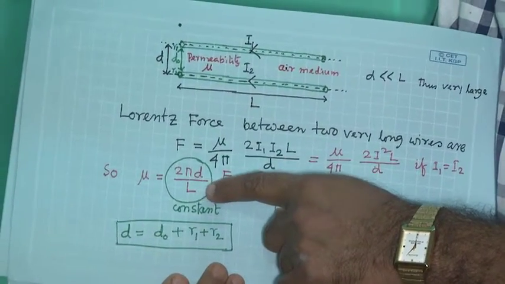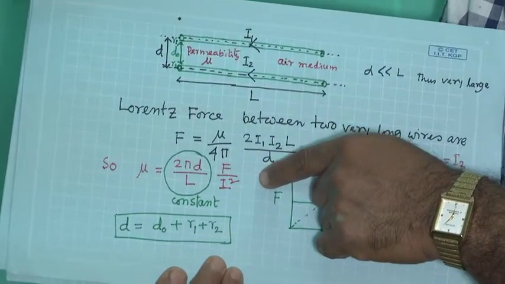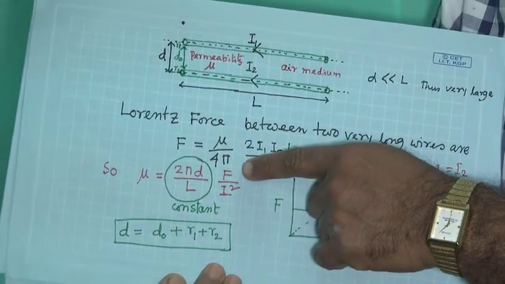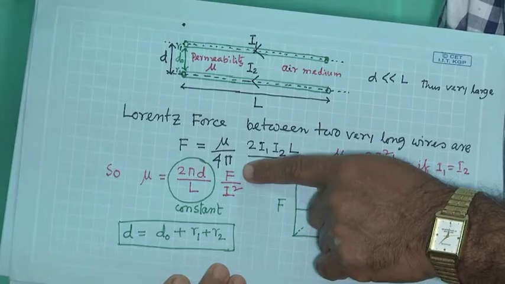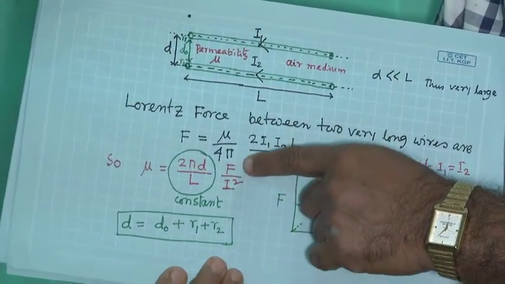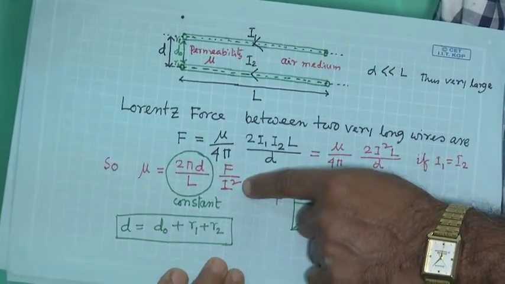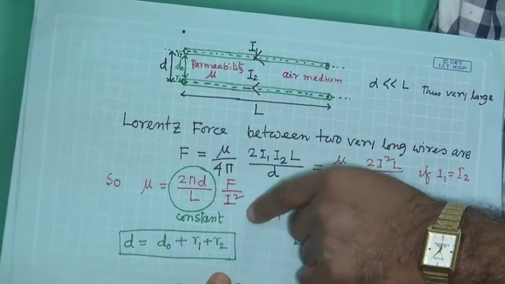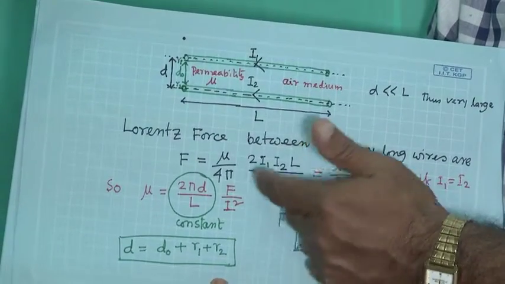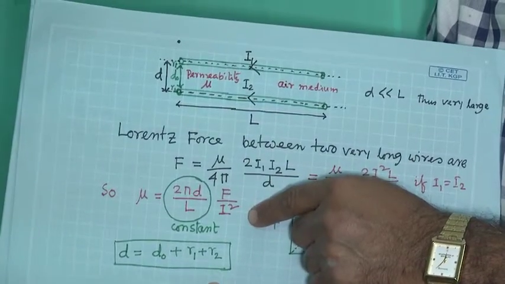We will use this meter scale for measuring the length, and the main part of this experiment is F by I square. So, we will vary I and measure the F, or we will vary F and measure the I. We will take 4 to 5 to 6 sets of data.